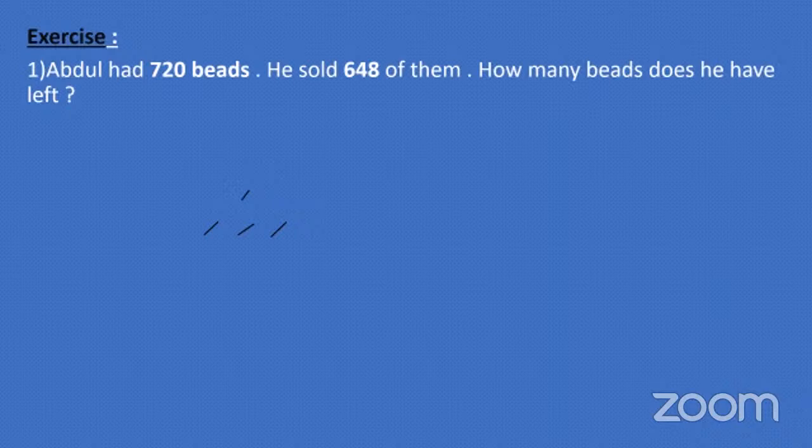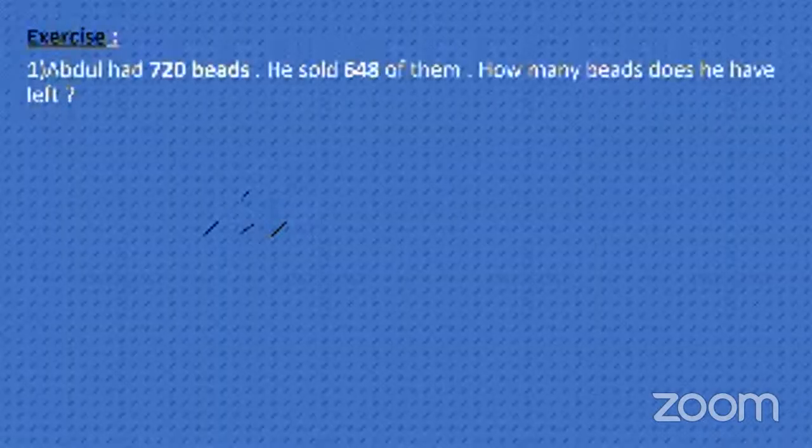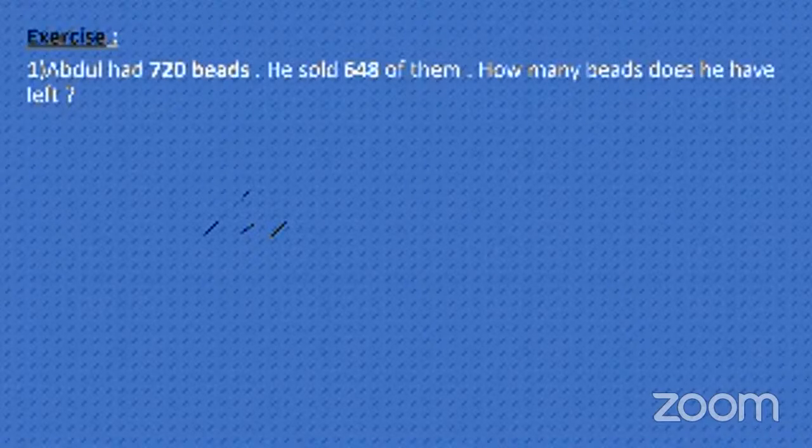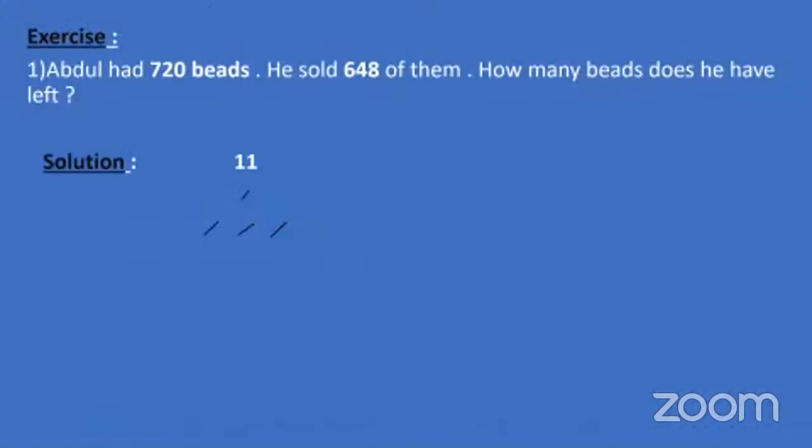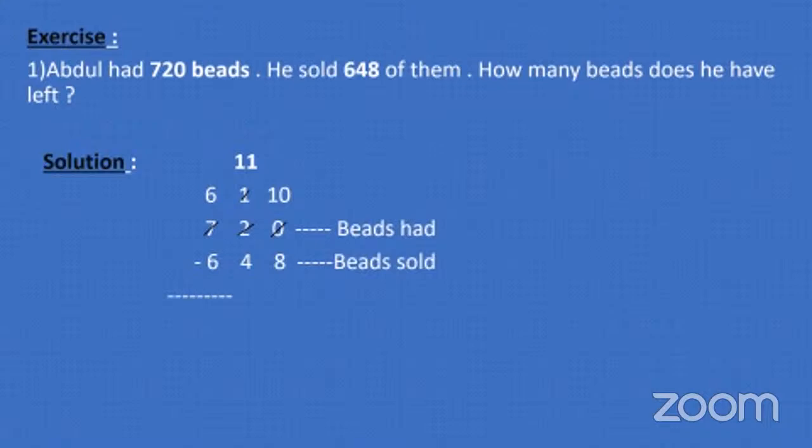Okay. So for that purpose, we will arrange all those numbers in a subtraction. See here we have written those numbers in a subtraction manner. First of all, we write the bigger number on the upper side and the smaller number below that bigger number. So 720 beads he had and 648 beads sold. So we'll minus 648 from 720.